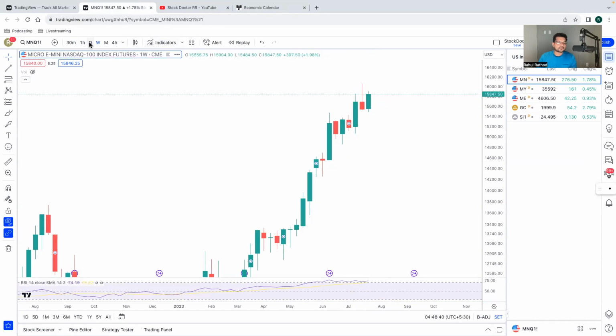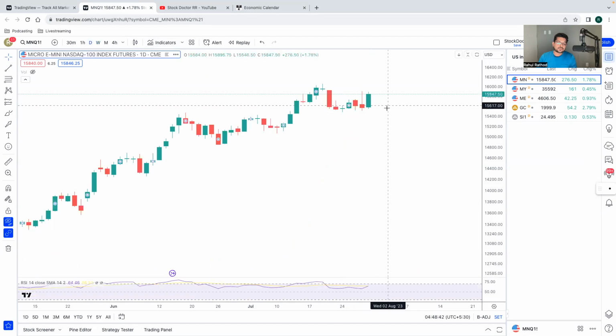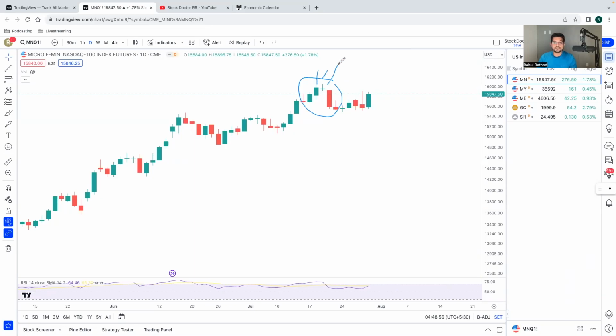Okay, so let's go ahead and see the day chart. On the day chart also you can see it has formed an evening star pattern, right? This is the first day, this is the second day, and this is the third day. But the important thing to learn is that on Wednesday we had the important data of the FOMC meet, right?